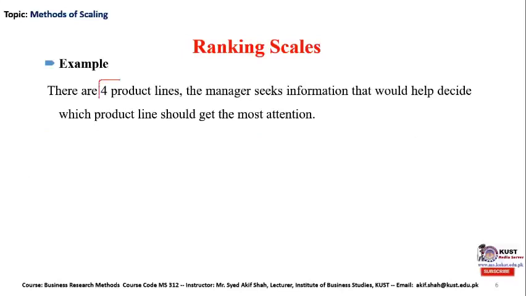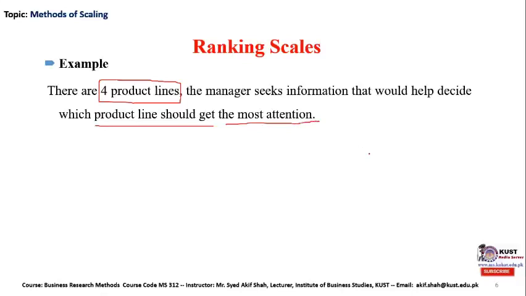There are four products of a company. So there are four product lines actually. The manager seeks information that would help decide which product line gets the most attention. From the respondent, the manager may elicit responses regarding the four product lines.